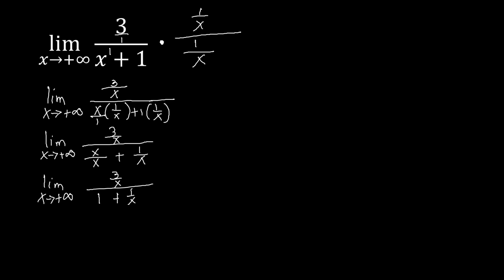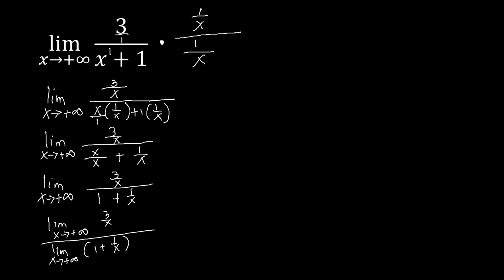Now, out from here, we can simply put the limit at the top or the numerator and then put the limit at the bottom part. So this is now the limit of 3 over x as x approaches positive infinity over the limit of 1 plus 1 over x as x approaches positive infinity.